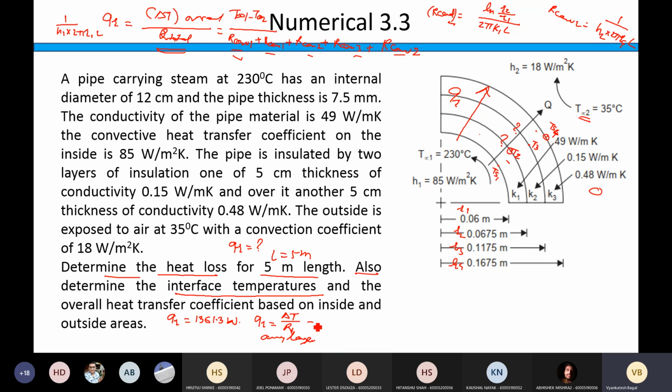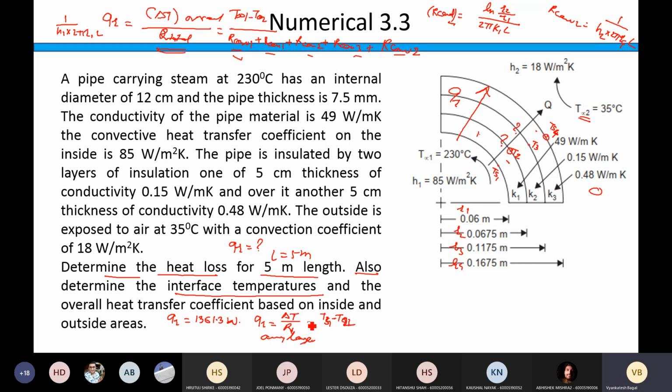Getting me or not? So I can write QR is equal to, I am using this portion 1 now, higher temperature minus lower temperature. So I will write TS1 minus T2, right?